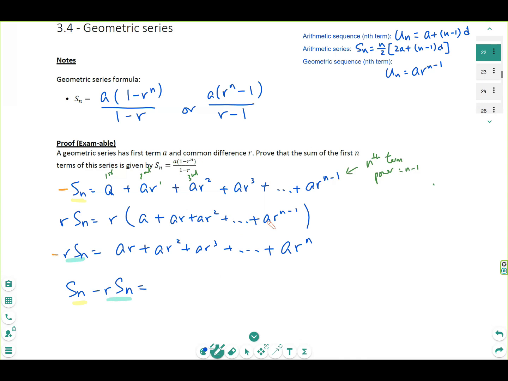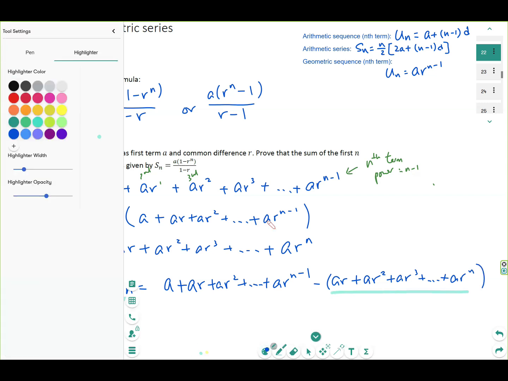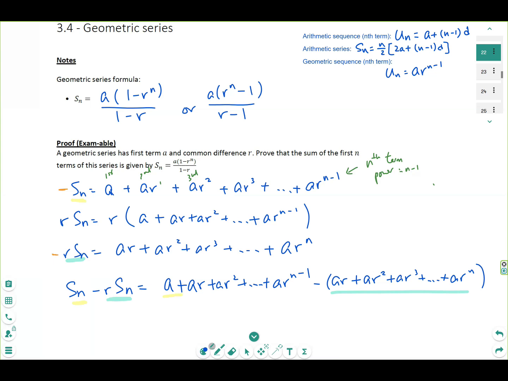Sn is a plus ar plus ar squared plus dot dot dot all the way to ar to the power of n minus 1. That's Sn. Subtract, in brackets, r Sn: ar plus ar squared plus ar cubed plus dot dot dot plus ar to the power of n. So this is r Sn, and that's Sn.